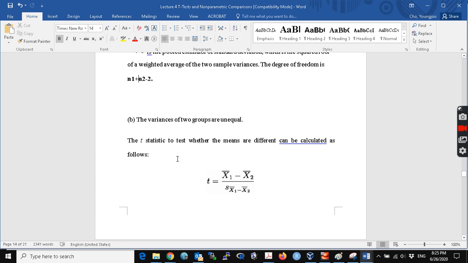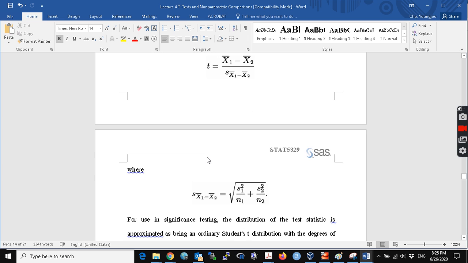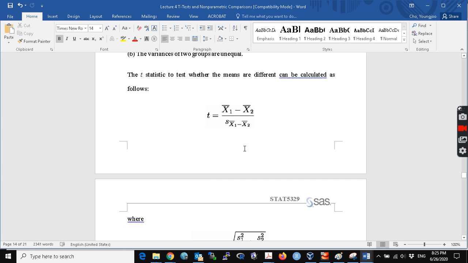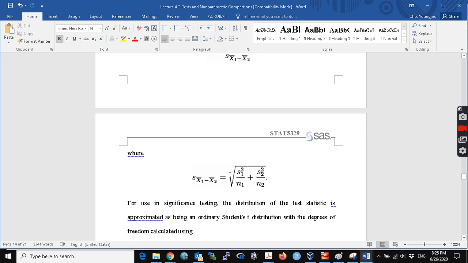And then if the variances of the two groups are unequal, you compute the standard error, which is the square root of S1 squared, the sample variance of the first group, divided by n1, the sample size of the first group, plus S2 squared, the sample variance of the second group, divided by n2, the sample size of the second group.